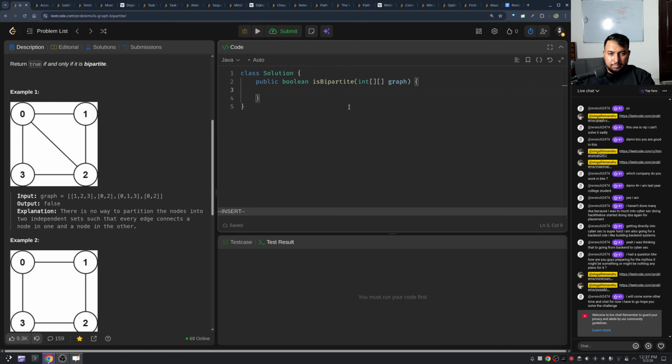Let's create a map of integer to list of integer out of this.